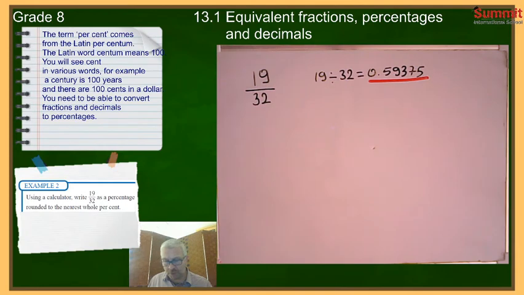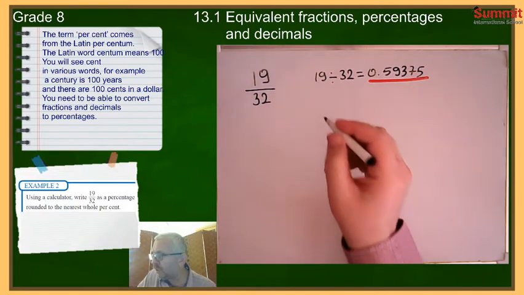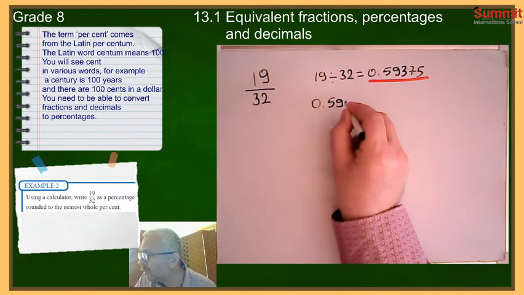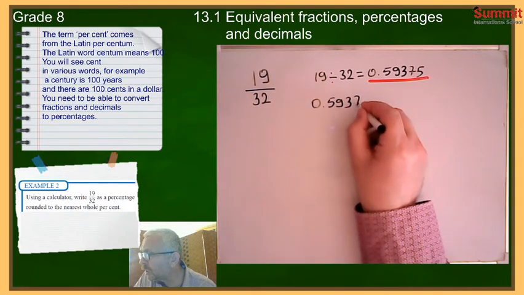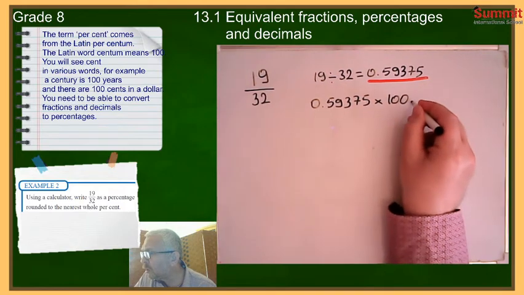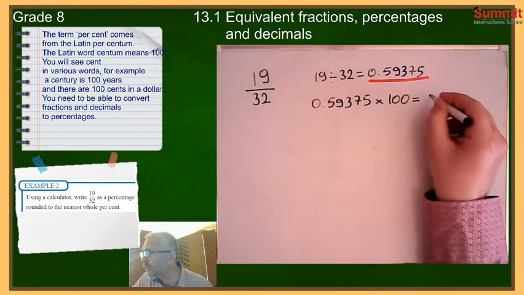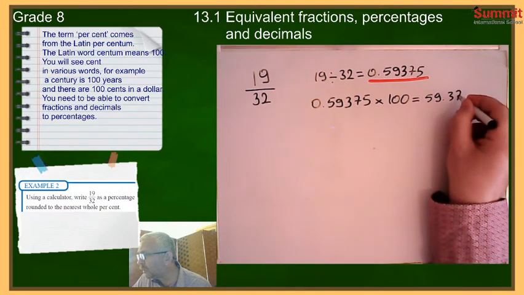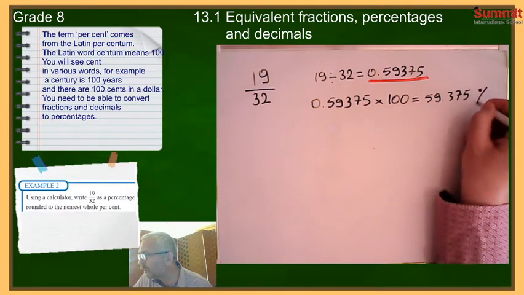We multiply it by 100 to convert it to a percentage. 0.59375 multiplied by 100 is 59.375 percent.